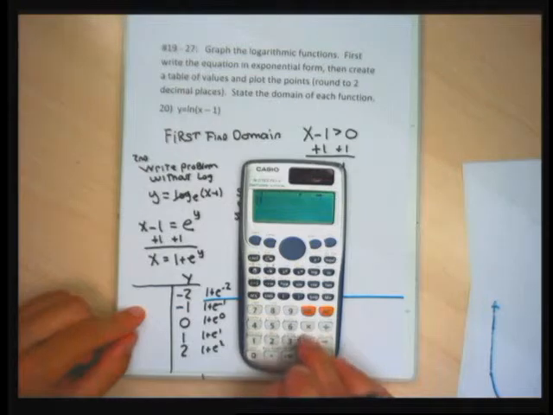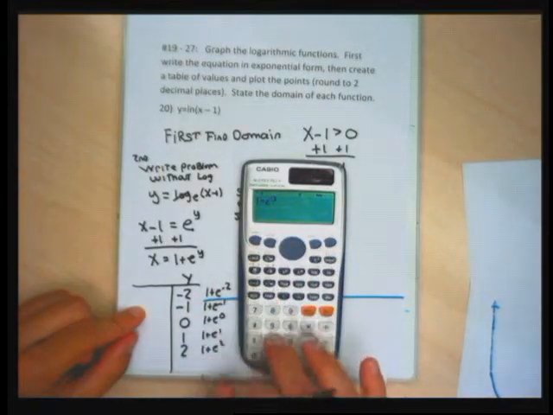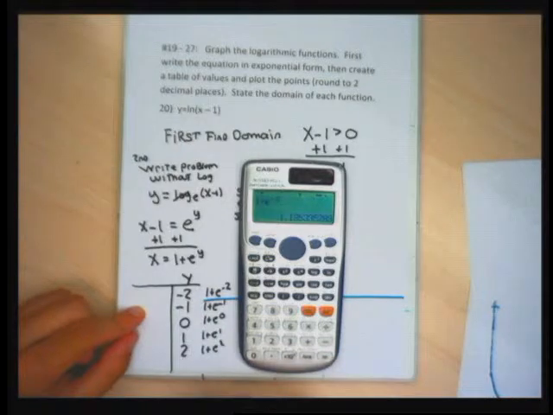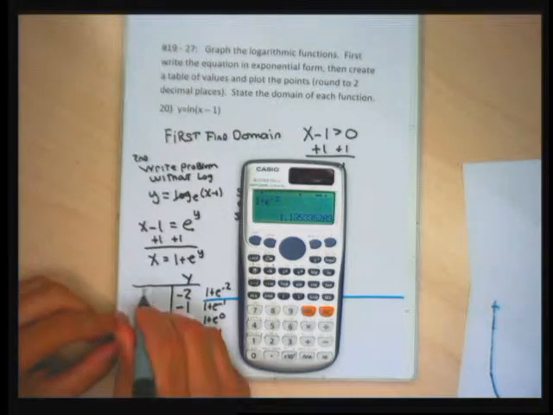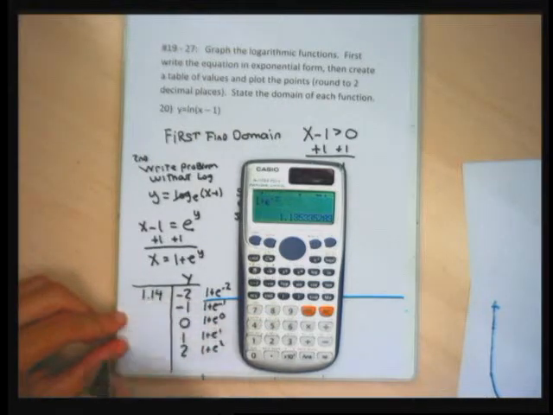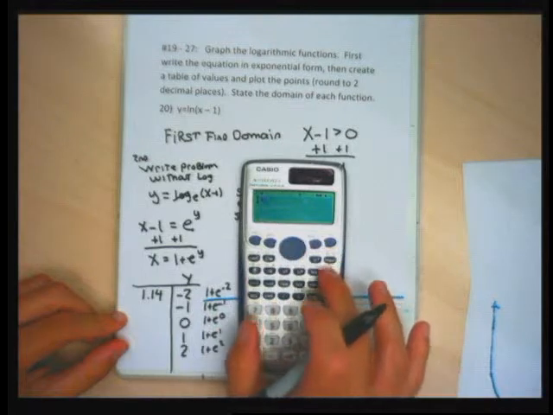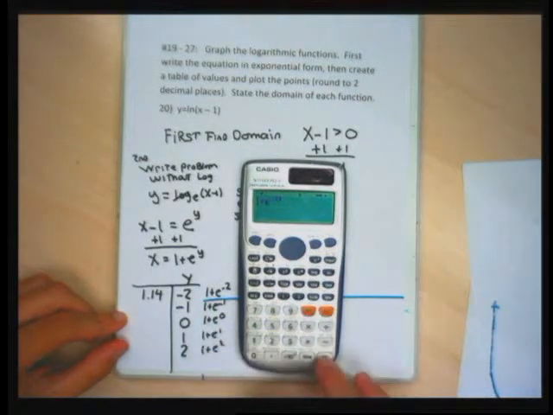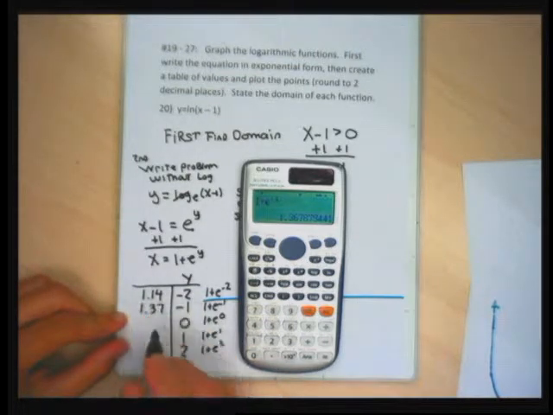So 1 plus shift ln to get an e with an exponent, -2. That equals 1.14 rounded to 2 decimal places. And the next one I'm going to go 1 plus shift e to the -1. I get 1.37. Starting to see some similar numbers, kind of.